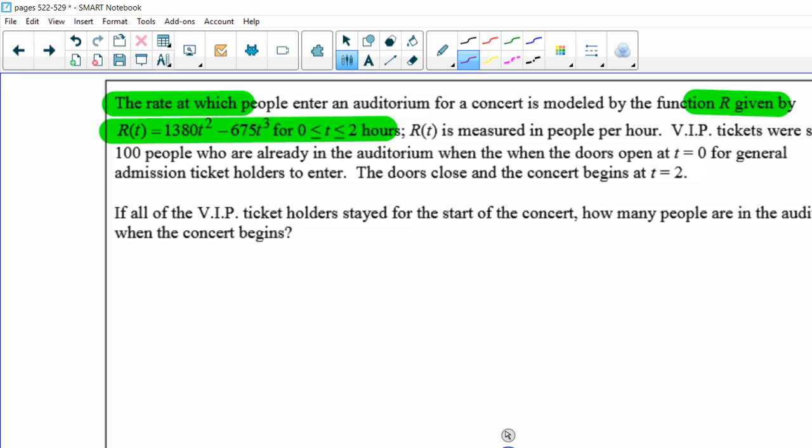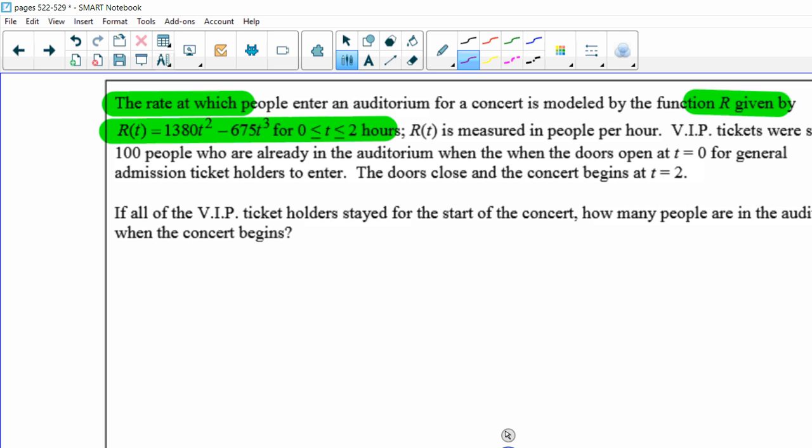The 100 VIP people are already in the auditorium when the doors open for the general admission ticket people to come in. The amount of people that you have to add to the... Yes, that's it. Oh, gotcha. They got in already.